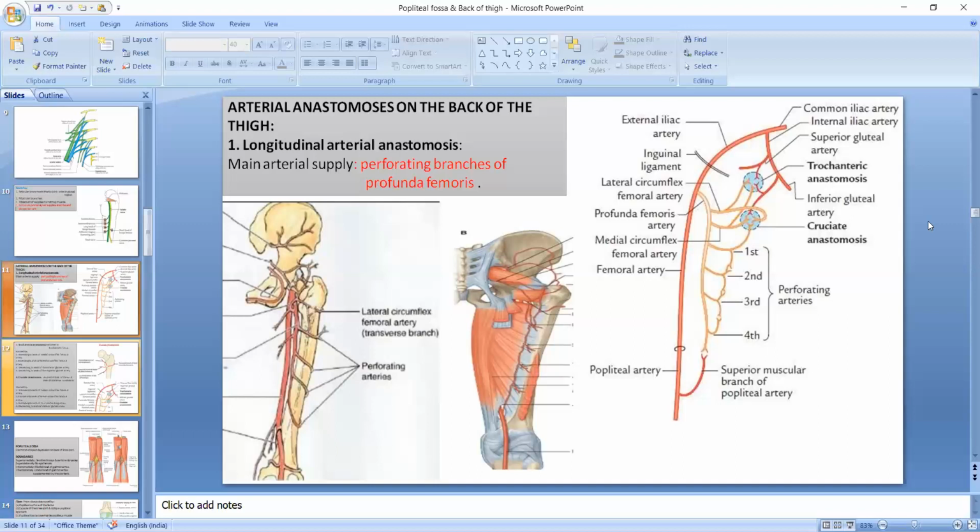Finally, the ascending branch of the lateral circumflex femoral artery, a branch of the profunda femoris, recurs anterior to the neck of the femur to join the ASIS anastomosis. So this is the longitudinal arterial anastomosis, which we can call the pelvic and gluteal anastomosis.